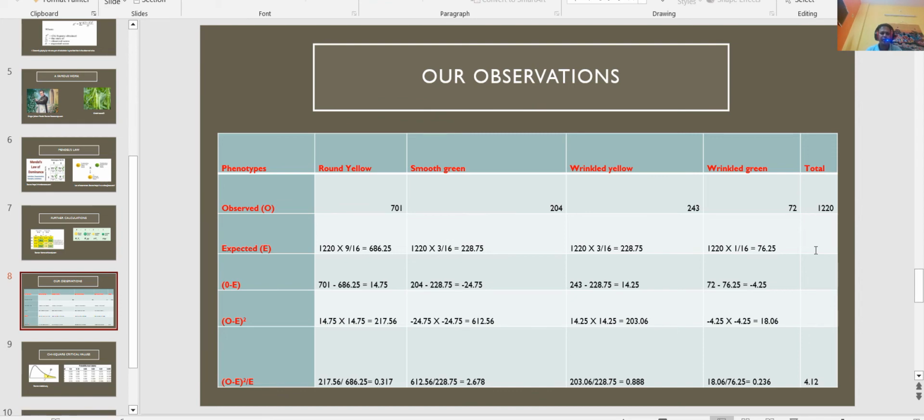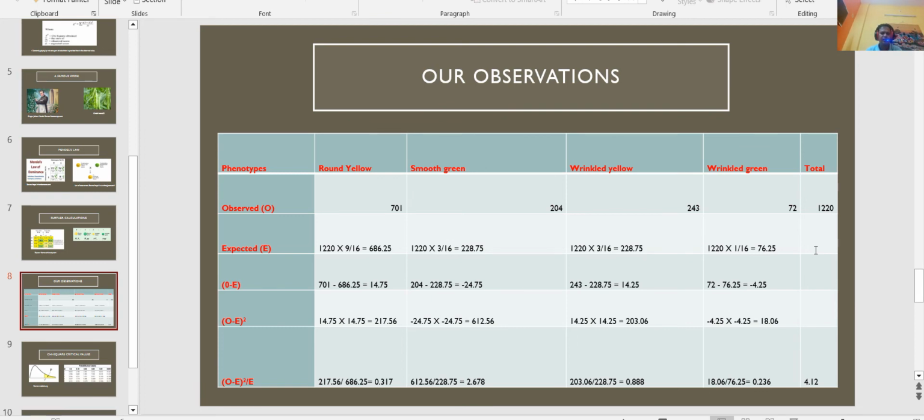In the fourth row, you can see the observed minus expected, whole square value is 217.56 for round yellow, 612.56 for smooth green, 203.06 for wrinkled yellow, and 18.06 for wrinkled green.